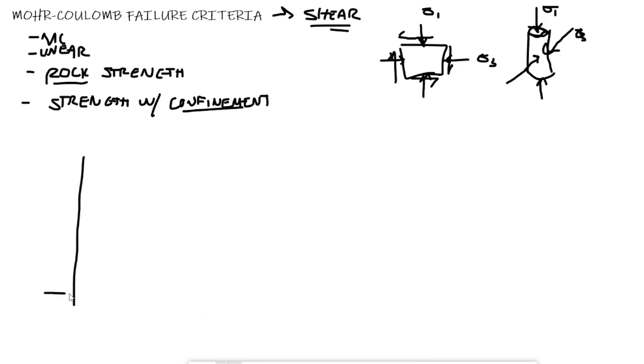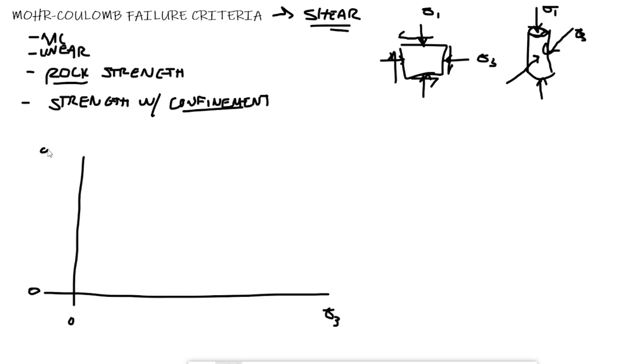To illustrate this point, the results that you would obtain from a lab when you're talking about the Mohr-Coulomb failure criteria, what does that look like? And this should be review from the other video, but again, just to keep everything squared away here, you'll have on the x-axis your sigma 3. We increase the confinement and see what kind of effects that has on the strength.